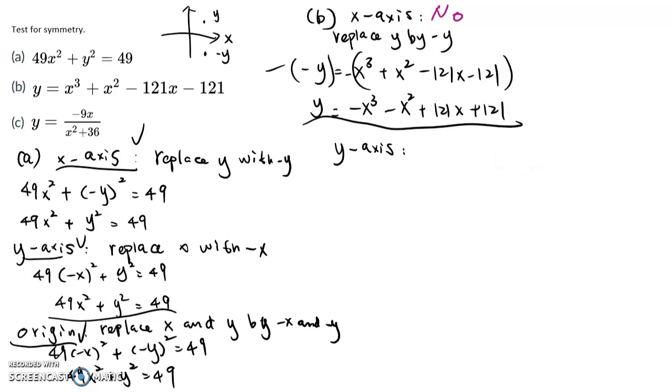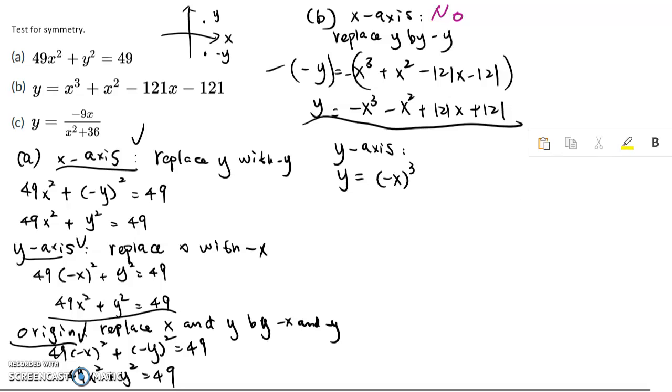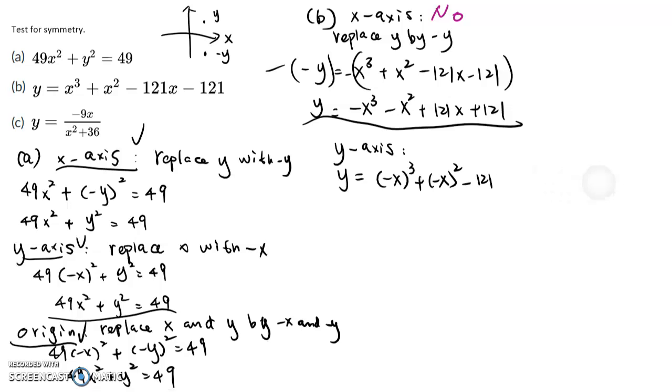Similar step, I want to replace x by negative x. So I have y equals negative x cubed plus negative x squared minus 121 times negative x minus 121. Okay, let me simplify this a little bit, see if I can get the original equation back.